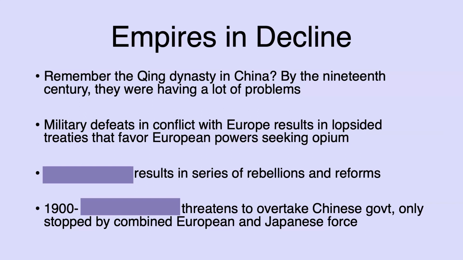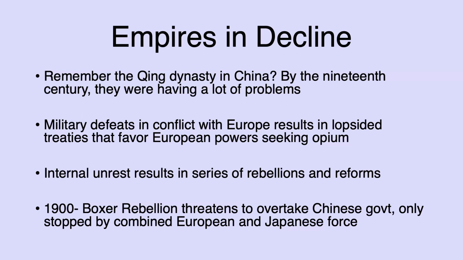And it was very popular in Europe and it was grown in China. So European powers are trying to gain access to more and more opium to sate this increasing demand for the opium. At the same time, internal unrest results in a series of rebellions and reforms.